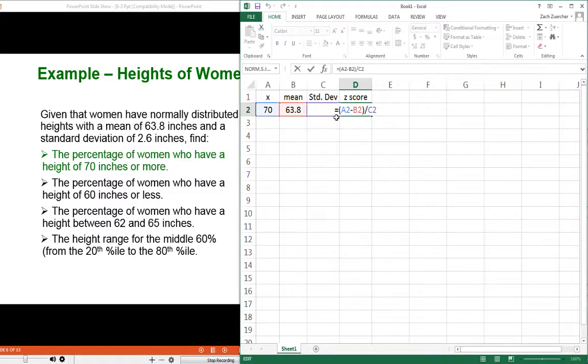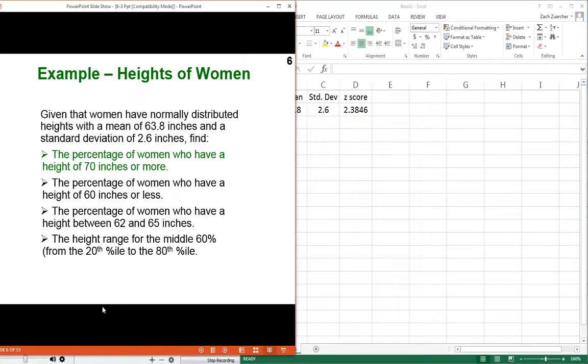You can see that we calculated our Z-score by taking X minus the mean divided by the standard deviation. And so 70 inches has a z-score of 2.3846. Now we're trying to figure out what percentage of the women have a height of 70 inches or more.